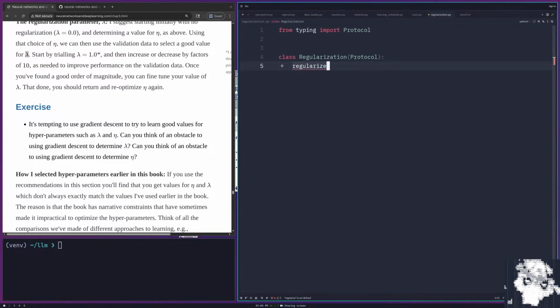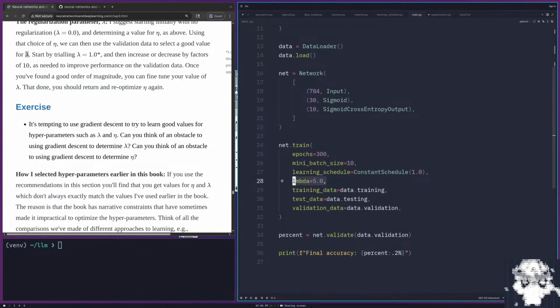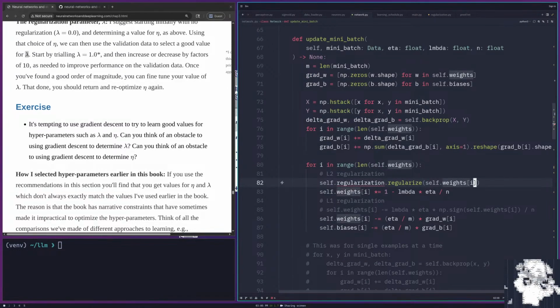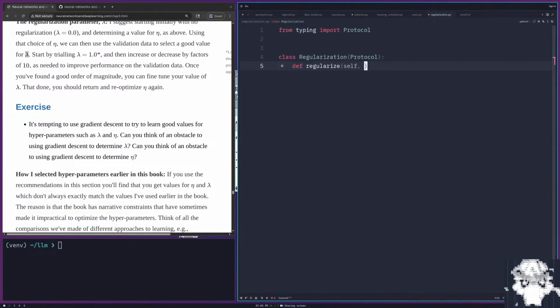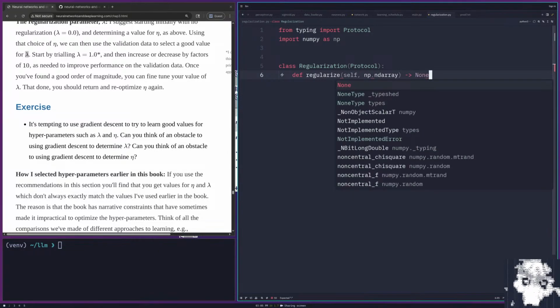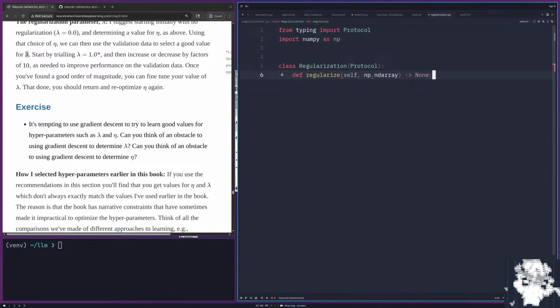So you're going to have a method called regularize that takes a NumPy array. Import NumPy as np. np.ndarray is what they're called when they're in a type. And it doesn't return anything. It just modifies the weights in place.